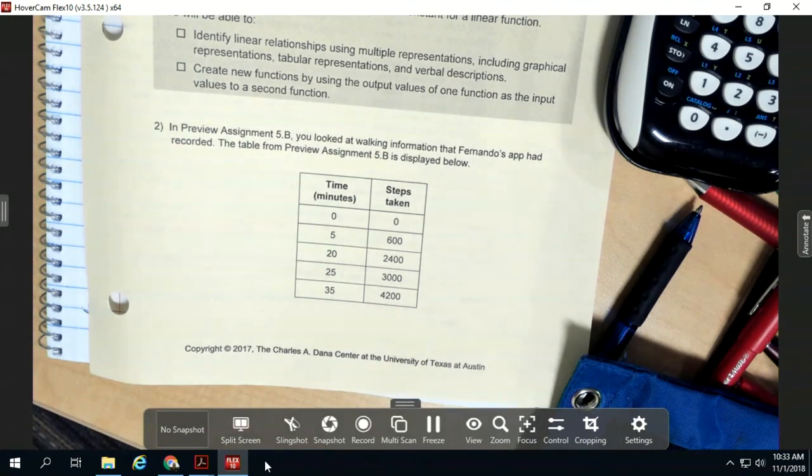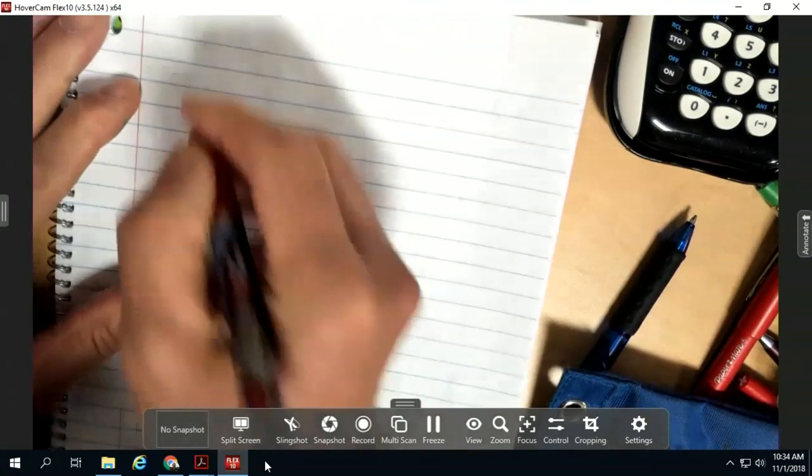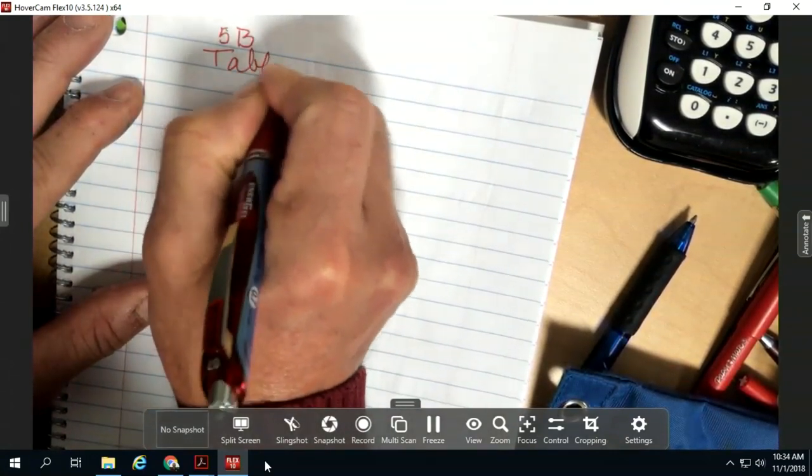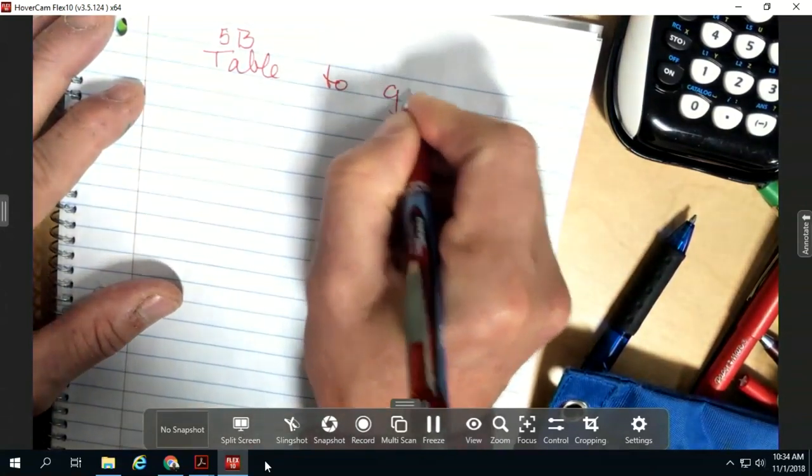On the next page, this is 5B. We are going to go from a table to a graph. Go.